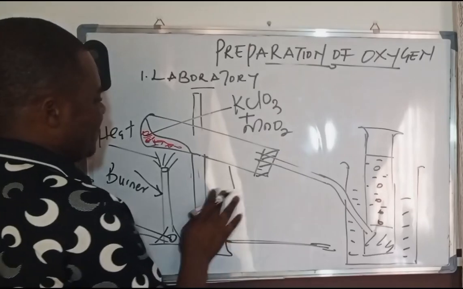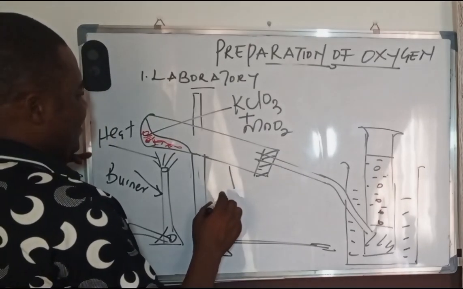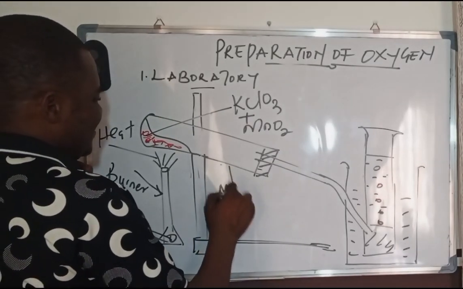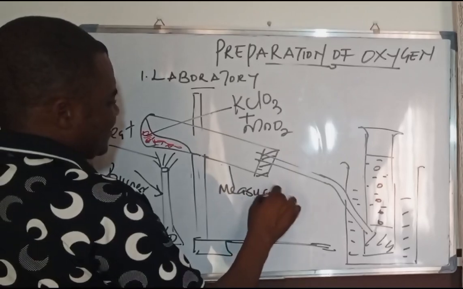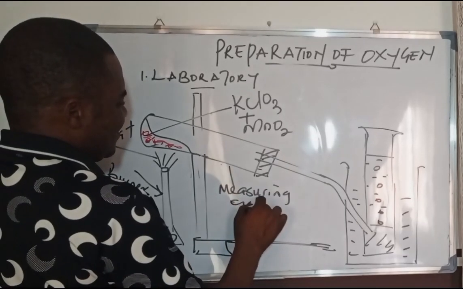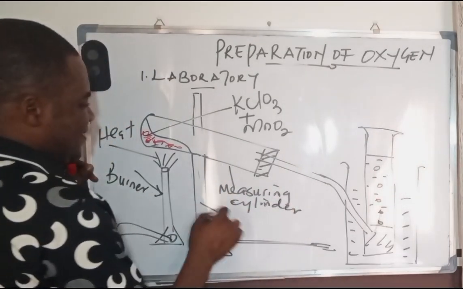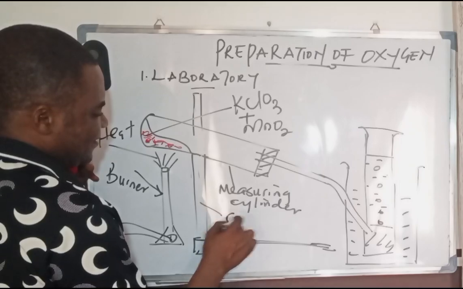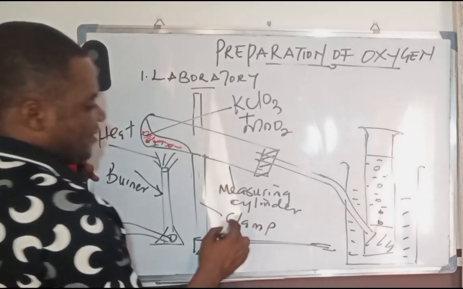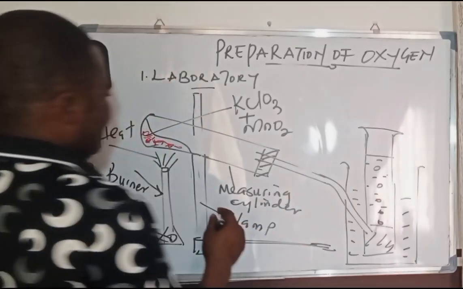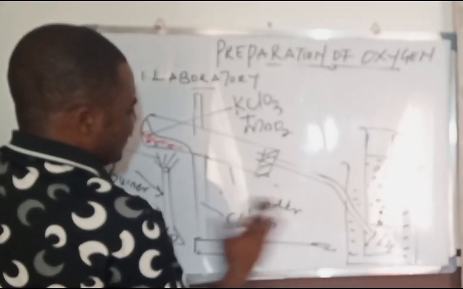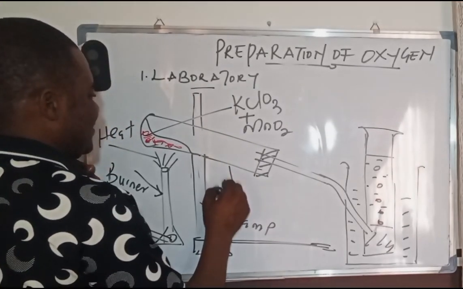This is more like a measuring cylinder. Let us use this as a measuring cylinder. And then this is a retort stand, or a clamp.